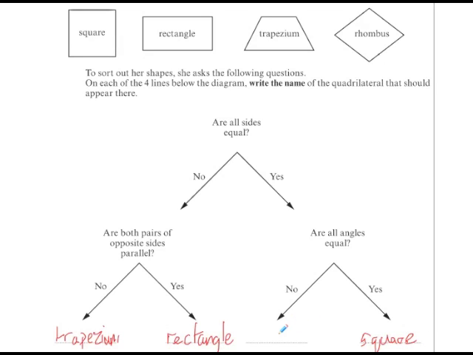And well, in a rhombus we know not all angles are equal. That's a fairly large angle which equates to that one, and that's smaller which equates to that one. So we just write rhombus here. And that's it.